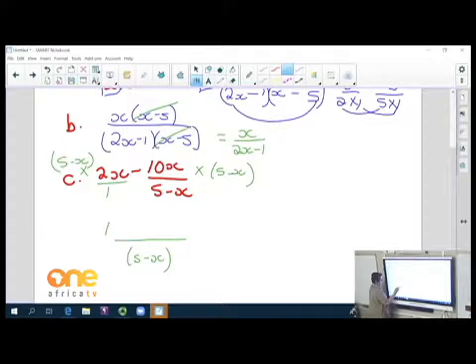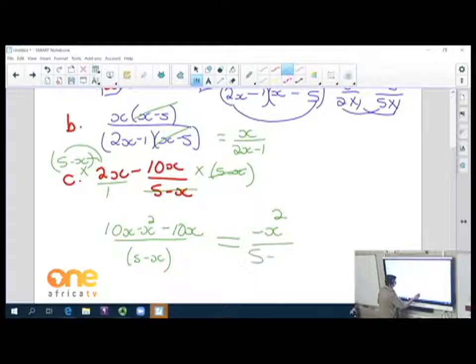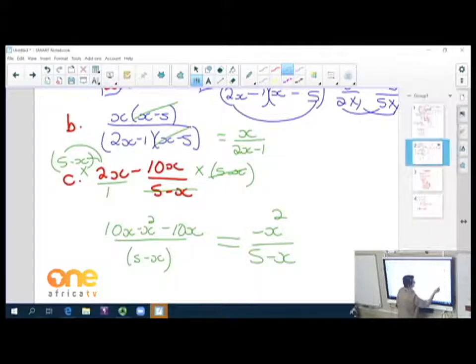It will then be 10x minus x squared. You multiply it in. Here this will cancel out, minus 10x. So this 2 will eliminate, and your final answer is the negative x squared over 5 minus x.